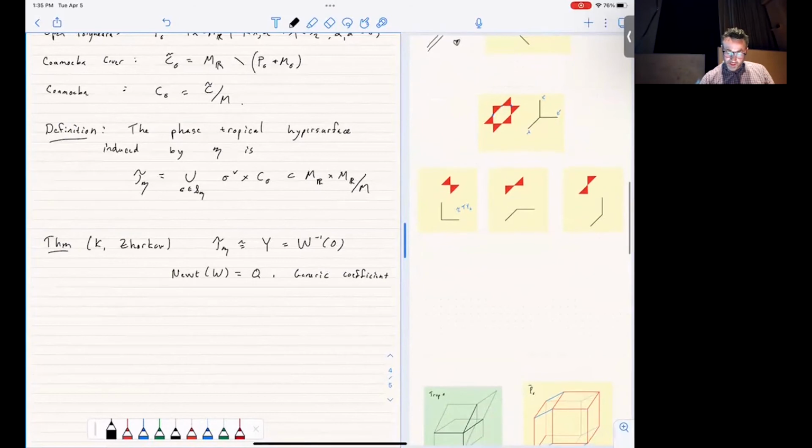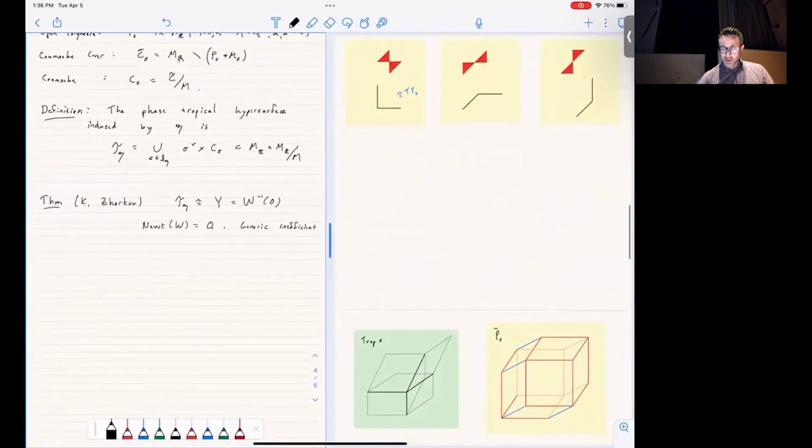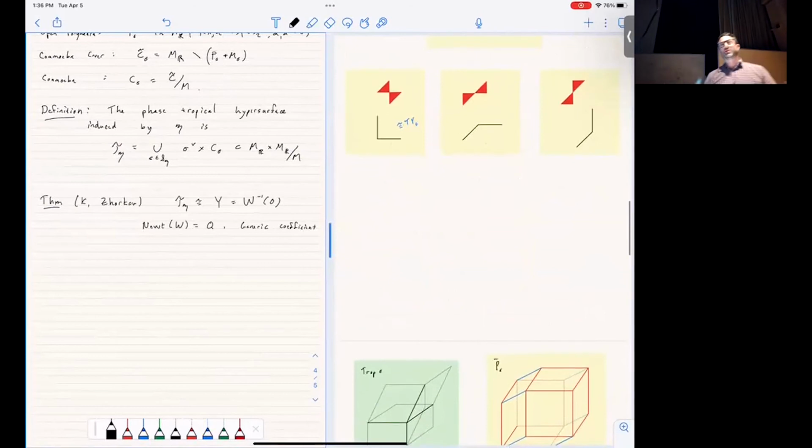Maybe before I get to that, let me just show the higher dimensional picture. Of course, doing all of this in one complex dimension is not too hard. The real difficult part of this theorem and the earlier work is to consider higher dimensional spaces where you can't get such simple drawings.